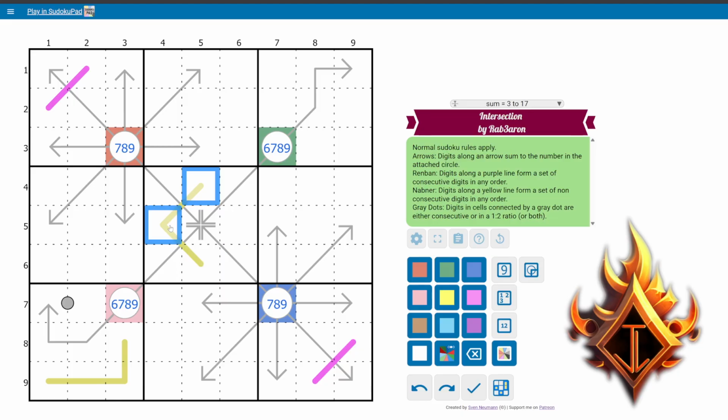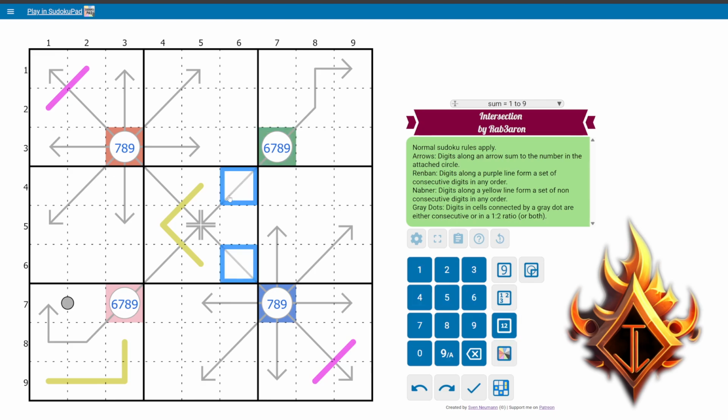Two of them can be on the line. So one of them are gonna be here. Actually, maybe two of them. Maybe these two are sharing. These two could have a high number. So maybe I'm just not ready for that yet.